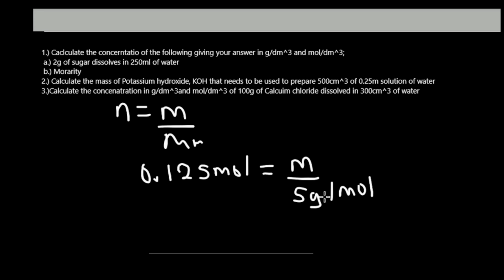So once we multiply, we find that our mass will be equal to 7 grams. And just like that, you found your mass.